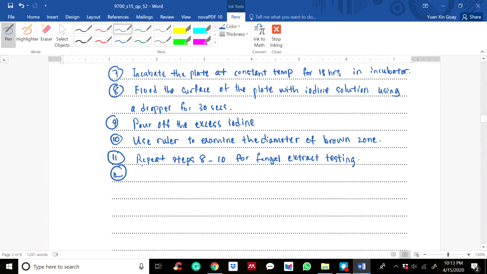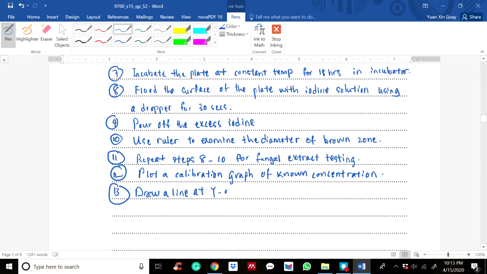Number 12, plot a calibration graph of known concentrations. Then, draw a line at the y-axis.